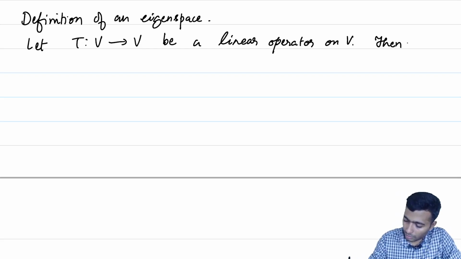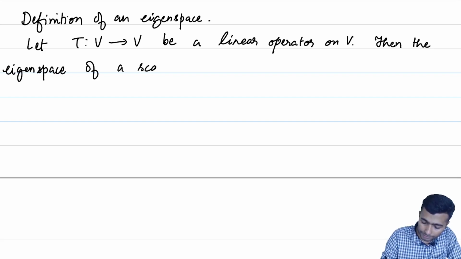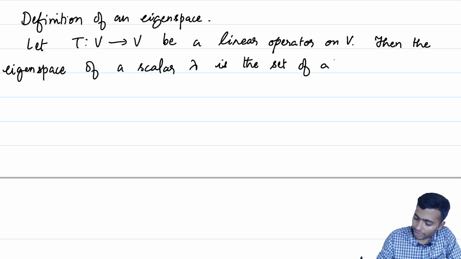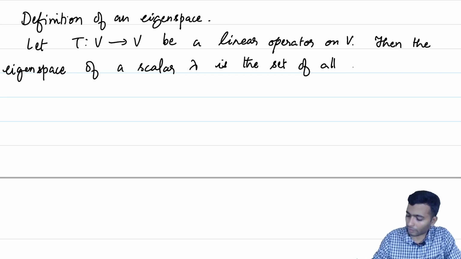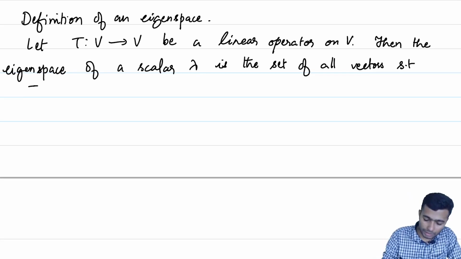Then the eigenspace of a scalar lambda is the set of all vectors v such that Tv is equal to lambda v.